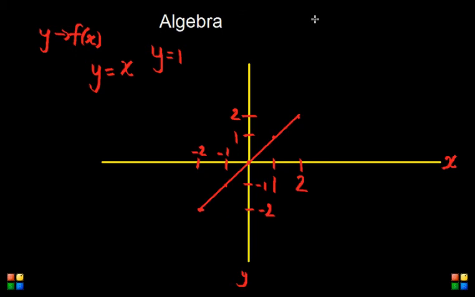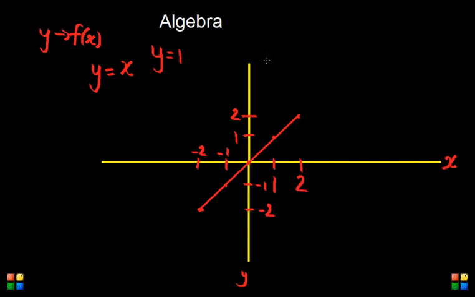So if x was equal to, let's say, 0.5, then y right here will be 0.5, and so on. Understood? So a line will cover every point.